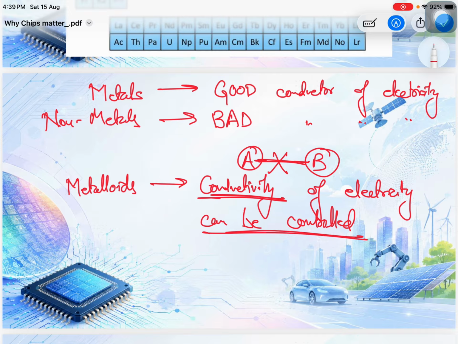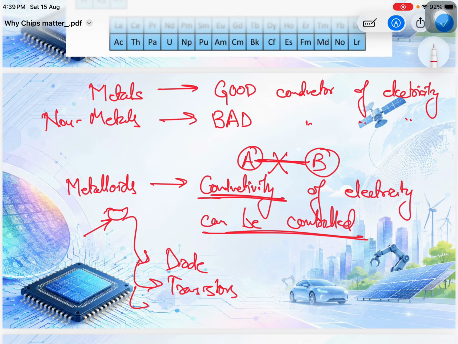Now, definitely, if there is a rock made up of a metalloid, you cannot simply control the rock, but the devices made up of it can be controlled. Most of you must know the diode, and there is a device called the transistor. The engineering guys, I believe, know flip-flops as a device, not the footwear flip-flops.